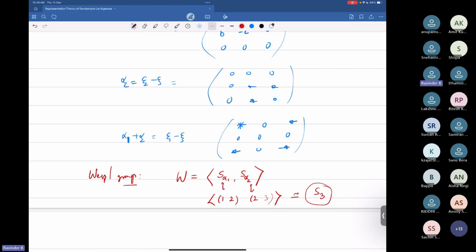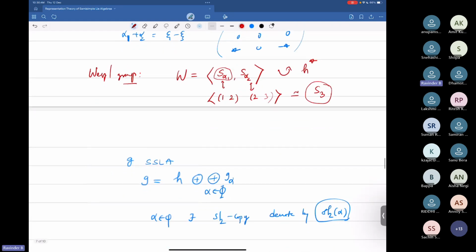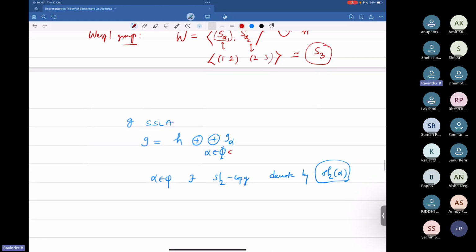And how does it act? S alpha 1 will take epsilon 1 to epsilon 2. It swaps epsilon 1 and epsilon 2. So they act on H star, right? So what is the reflection? It's a map on the space where the root system is lying, right? So this root system is lying in H star.